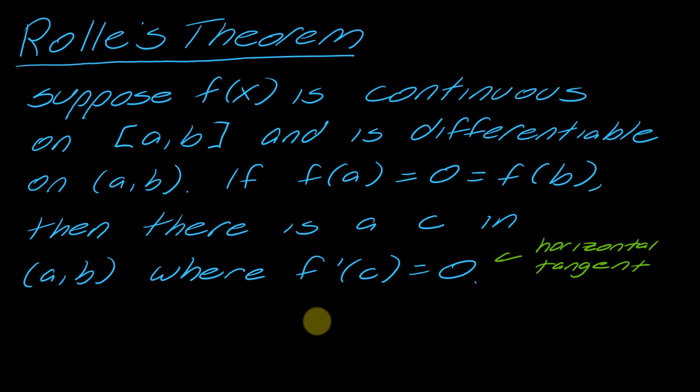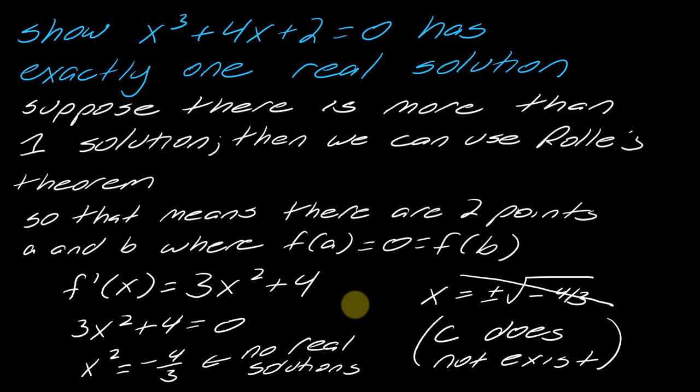So since I can't find this c, and it does not exist, what that means is I must have made a bad assumption. I assumed that we have more than one solution, and then Rolle's theorem broke. So there must not be more than one solution.